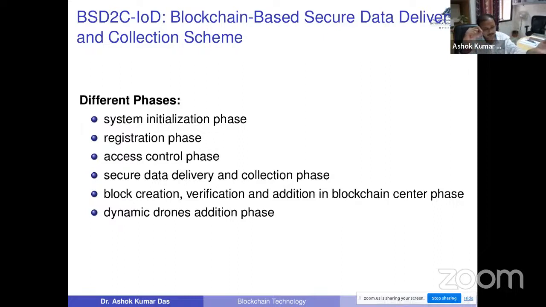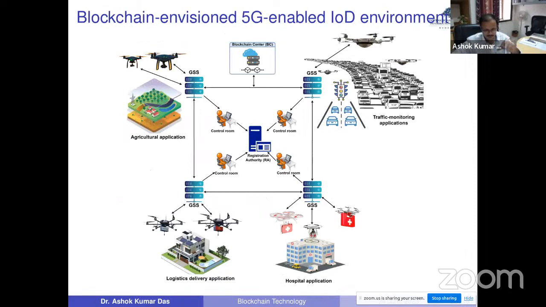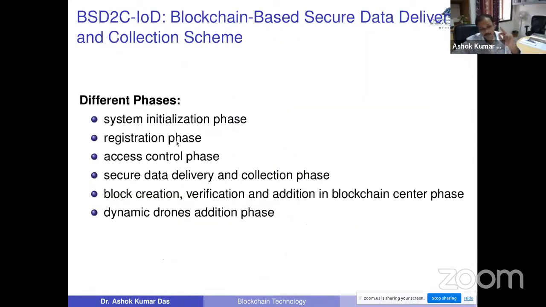And once the drones have the information from the field, that information, in terms of data collection information, needs to be formed into transactions, and the transactions need to be securely sent to the nearby GSS, that is, the ground station server. Then the transactions will be used to form a block.